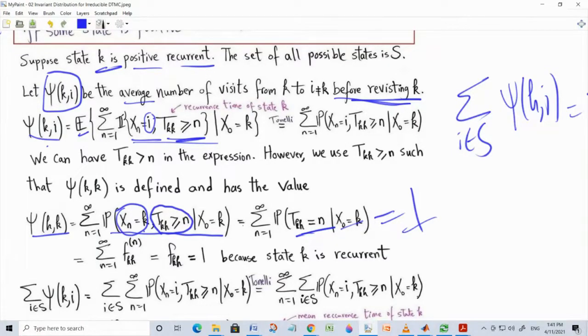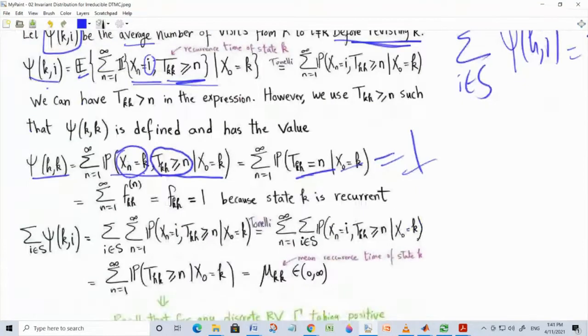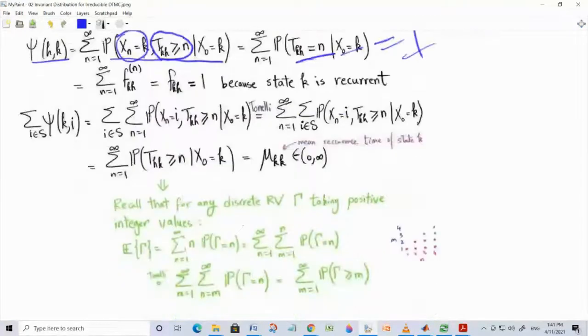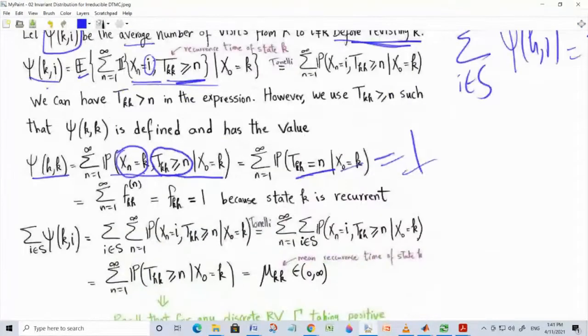And if we sum this quantity over all possible states, then we get mu kk, the mean recurrence time of state k. And because state k is positive recurrent, its mean recurrence time is finite. Okay, so keep this in mind.